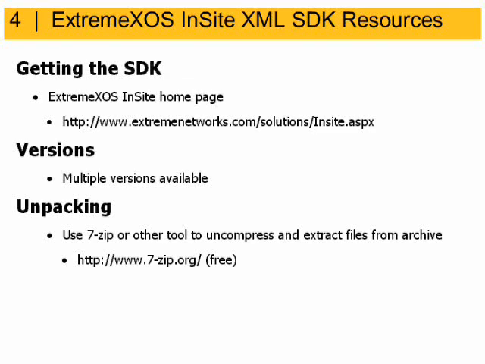You'll find several versions of the SDK. Select the version that is most appropriate for your application. Once you download the ExtremeXOS InSite XML SDK file, you will need to decompress the gzip file and extract the tar archive file. The program 7-zip is a free tool that can accomplish these tasks.